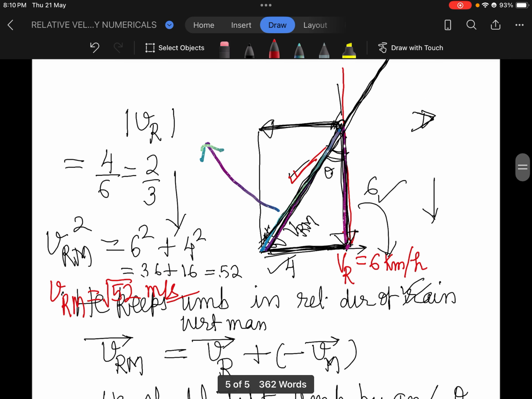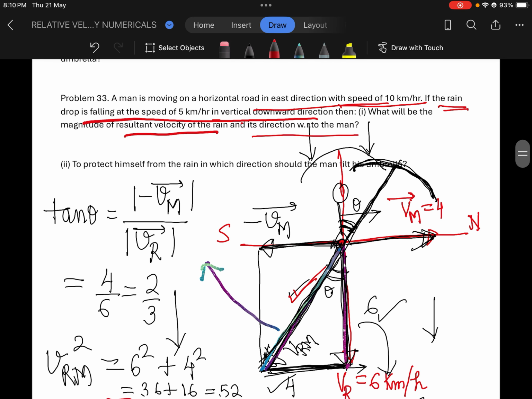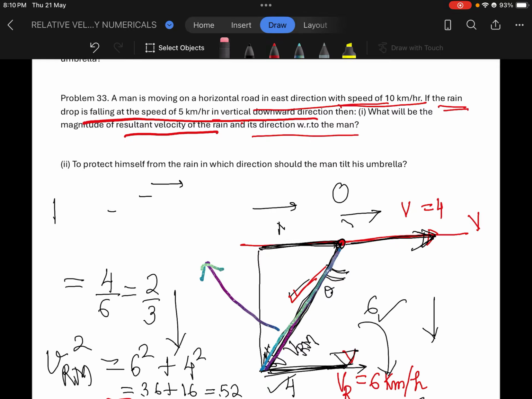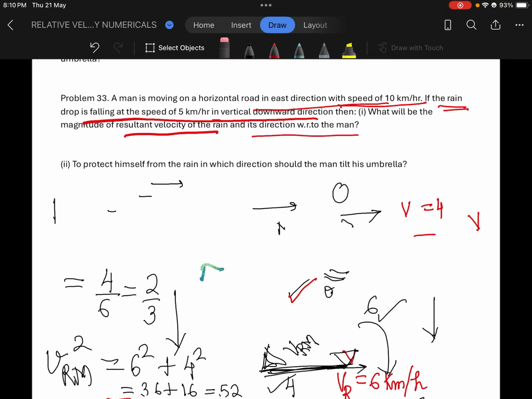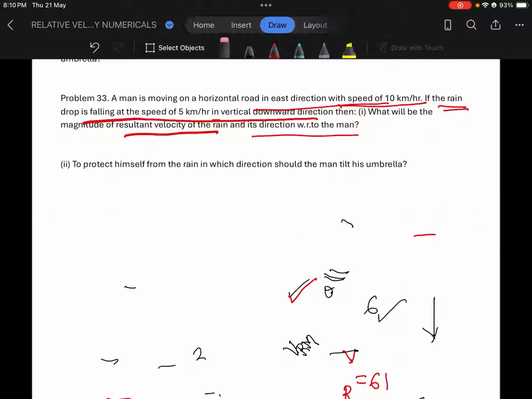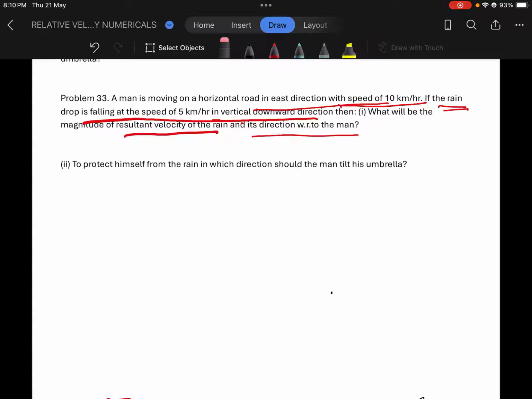Or let me erase this. It's taking time, but yes.